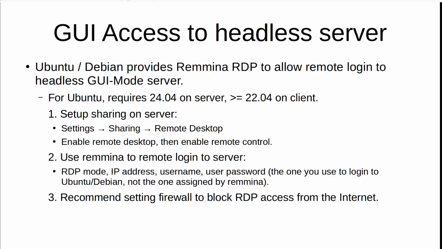To use Remmina to log in with the GUI to the server, use RDP mode and then tell it the IP address, the login username on the server, and the username's login password, not the one assigned by Remmina, but the one that you use to log into Ubuntu on the server. And if you're going to use a GUI with RDP, I recommend setting your firewall to block RDP access from the internet to prevent potential security issues from having a wide open server.